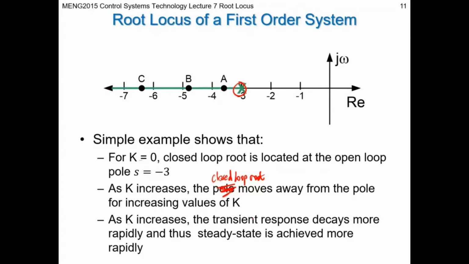And as K increases, the transient response decays more rapidly, and thus the steady state is achieved more quickly. So here are 3 things that we've learned by just looking at the most simple case of a closed loop first order system.